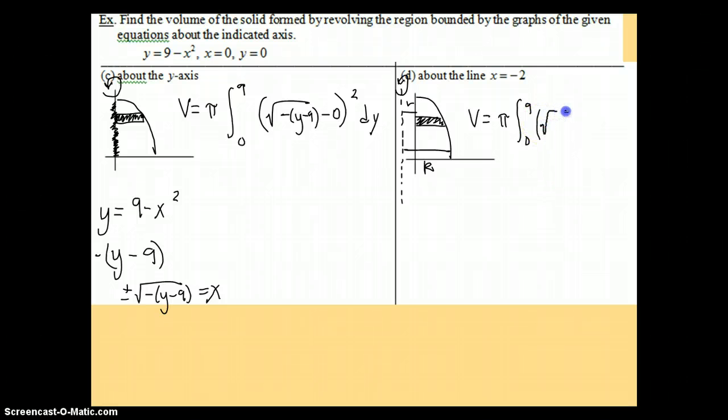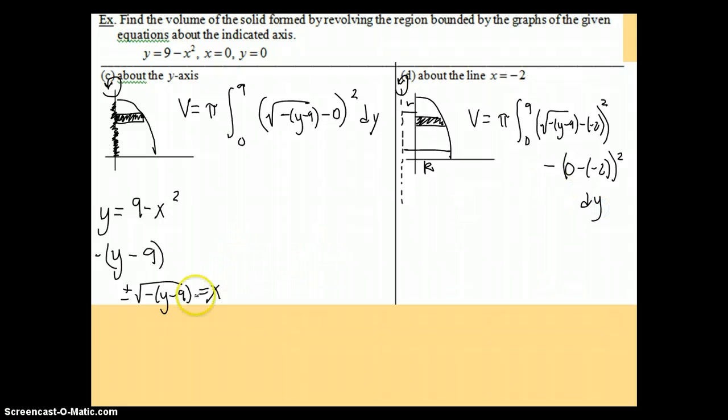So we've got square root of negative y minus 9 minus a -2, all squared, minus the little r squared, which would be right hand minus left, which would be 0 minus -2 squared, and then that's all in terms of y, and you put it in your calculator.